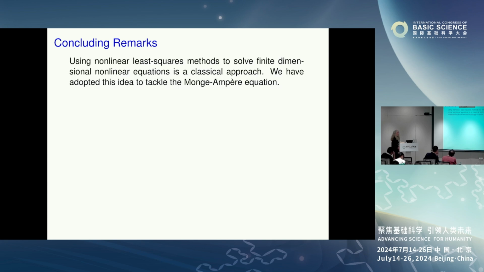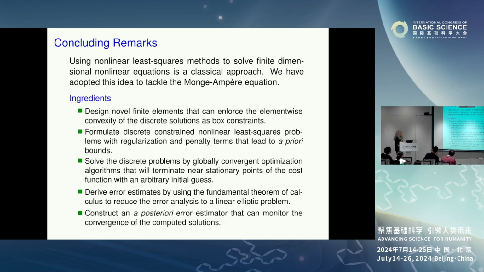So let me end with some concluding remarks. Using nonlinear least squares methods to solve finite dimensional nonlinear equations is a classical approach. We've adopted this idea to tackle the Monge-Ampere equation. So these are the ingredients of our approach.